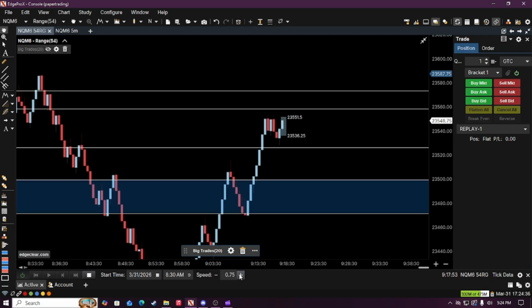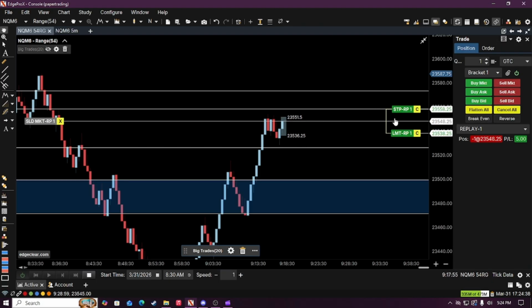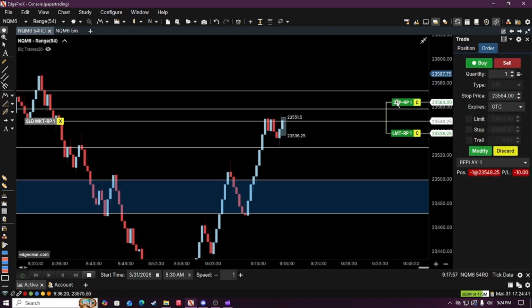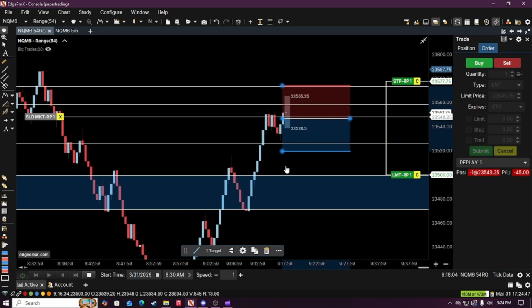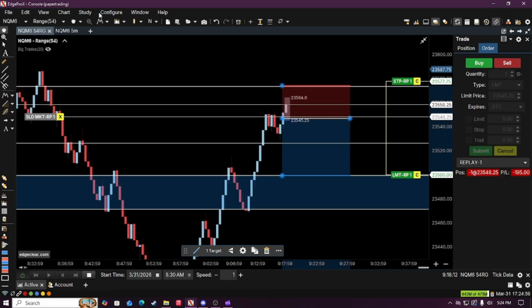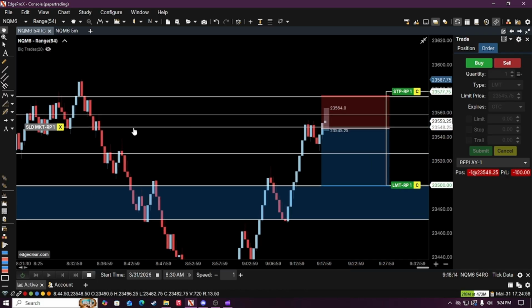Okay, here's good. We protect ourselves here and profit all the way down there. So we protect. This is like a 1 to 1.5 maybe. And yeah, we enter on the test of the point of control.